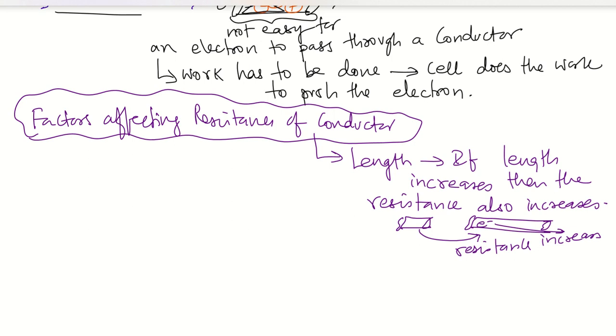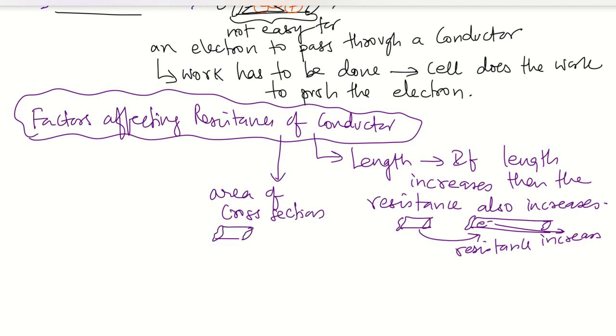Another one is the area of cross section. What do we mean by that?